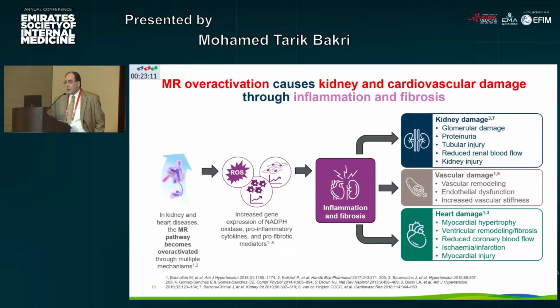And this is where it's very important, because you can see inflammation and fibrosis can cause damage to the kidney, to the vascular system, and to the heart, causing higher morbidity and mortality. And this is all because of the mineralocorticoid receptor pathway overactivation, which increases gene expression of NADPH oxidase, pro-inflammatory cytokines, and pro-fibrotic mediators.